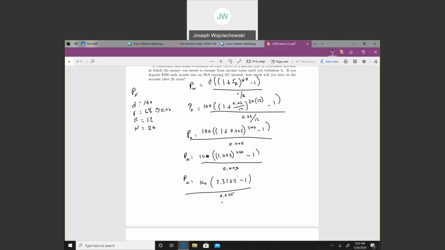So we get Pn equals 100 times 2.3102 over 0.005.